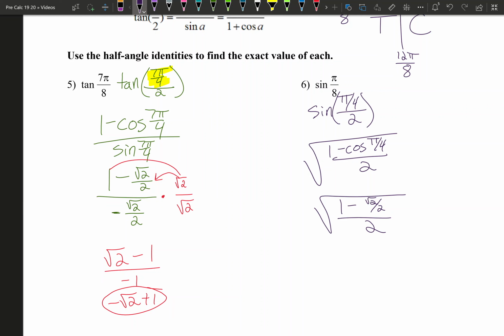We don't like the fact that we've got a fraction in the numerator here. So what we're going to do is multiply both the numerator and denominator by 2. We're allowed to do that because that's 1, and that will deal with this little fraction here. So we multiply this out. We end up with 2 minus the square root of 2 in the numerator, and then 4 in the denominator.